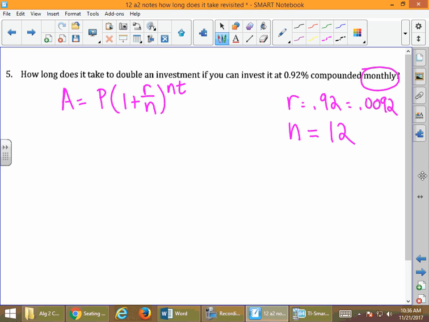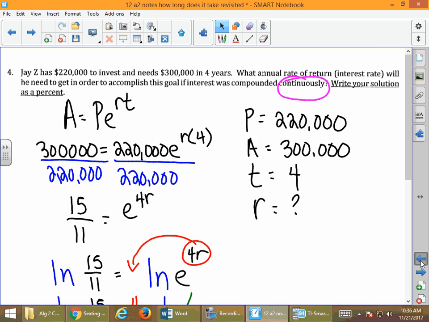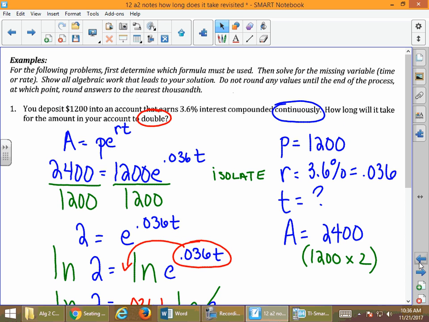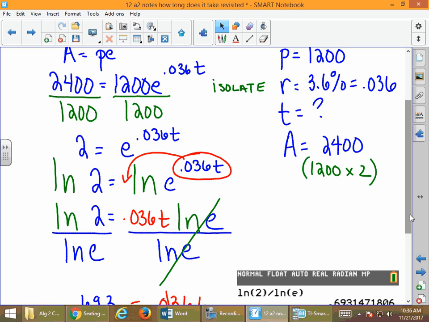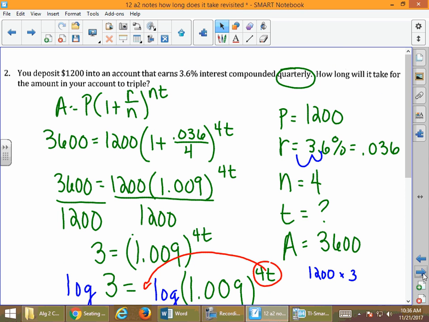But let's go back and look at problems 1, 2, and 3 for a minute. When we look back at problem 1, we want to double. When we isolated, by dividing 2400 by 1200, we got 2. And doubling means 2. On problem number 2, we had to triple.